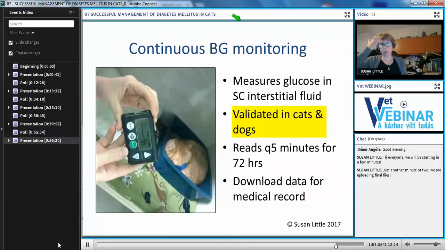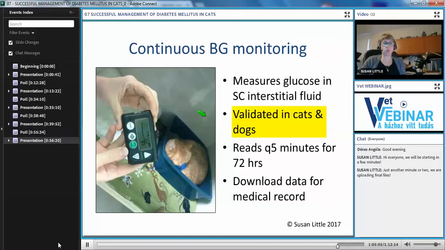These are systems that were made for people and have been validated in dogs and cats. They have a little probe that goes subcutaneously in the cat and measures glucose in interstitial fluid. And it gives you a reading every 5 minutes for 3 days. So we use these sometimes on patients where we're really having trouble figuring out why we can't get good control.